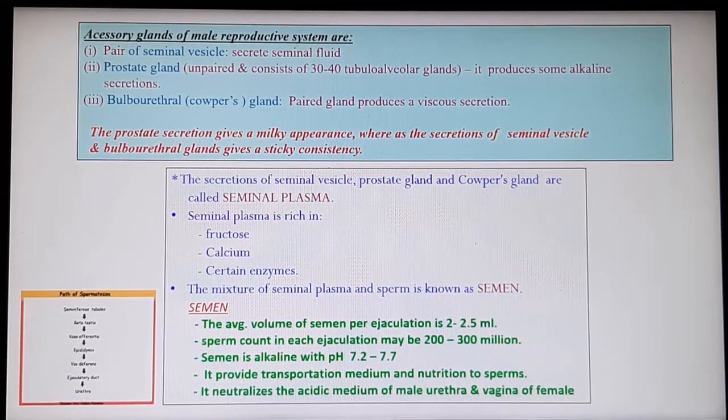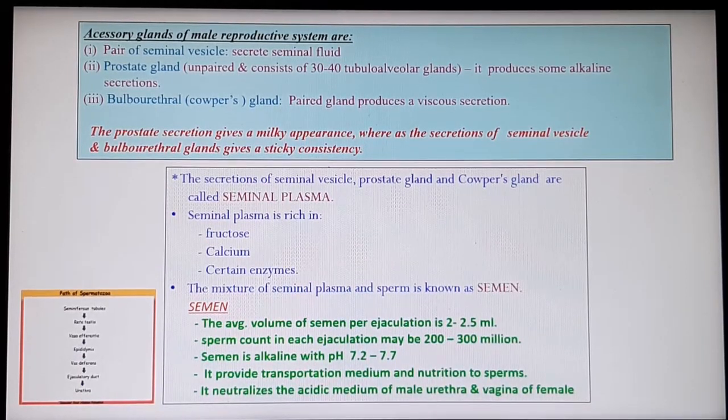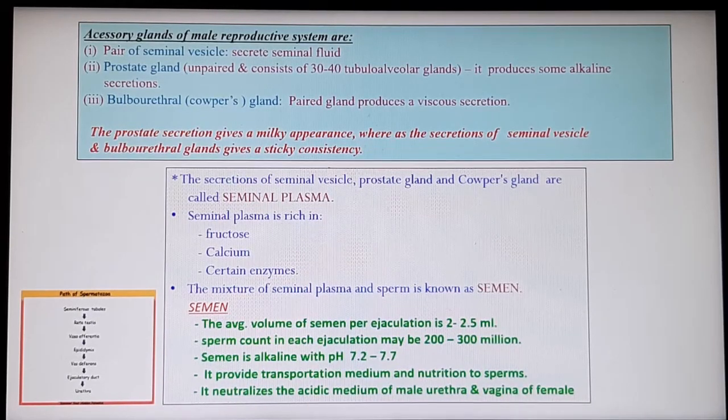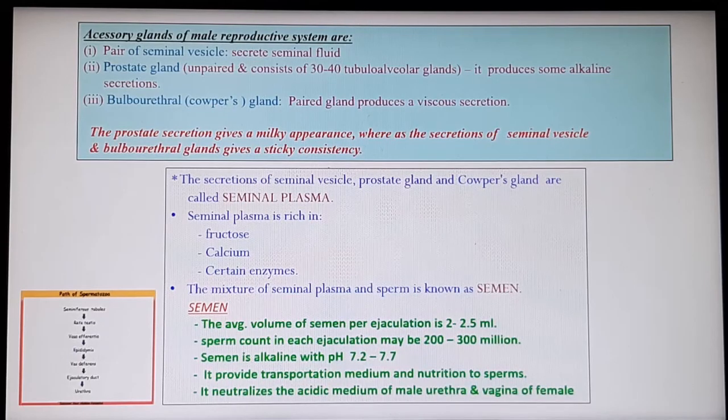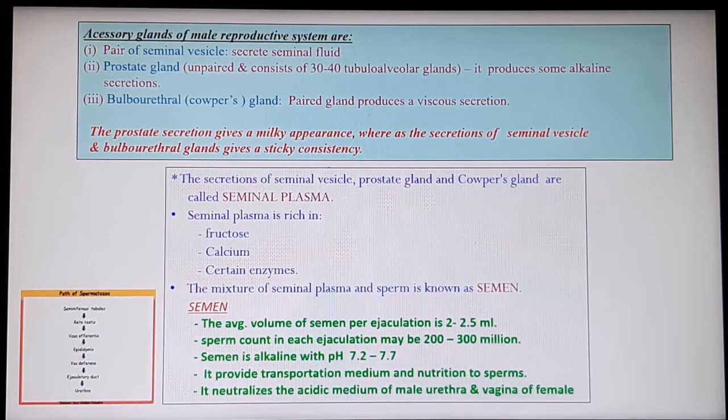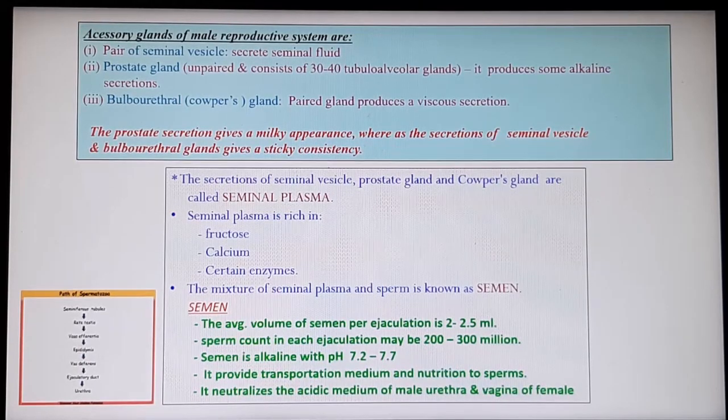Semen is an alkaline fluid and its pH is 7.2 to 7.7. It provides the transportation medium and nutrition to the sperms. It also neutralizes the acidic medium of the male urethra and the vagina of the female.